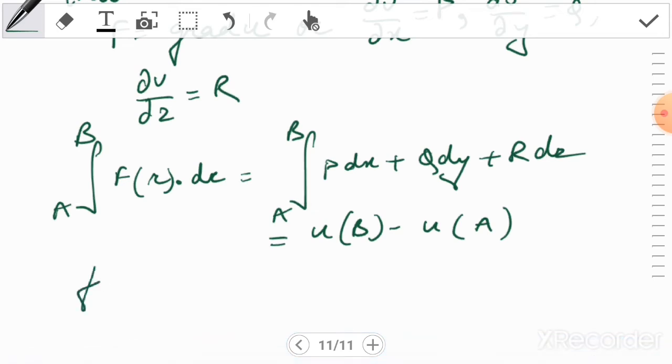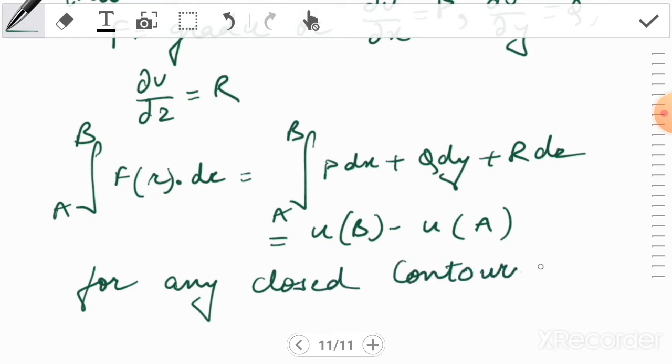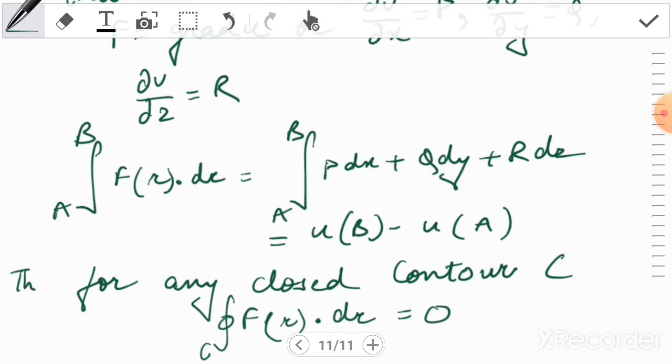Then for any closed contour C, we will have the closed integral of f dot dr is equal to 0, right?